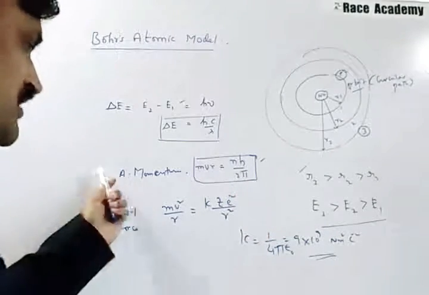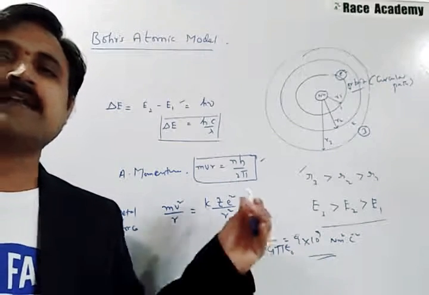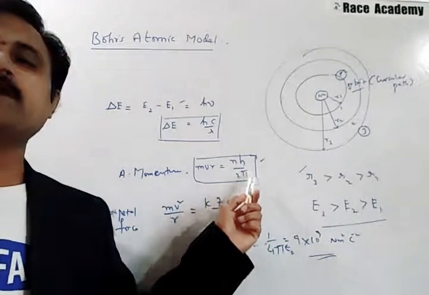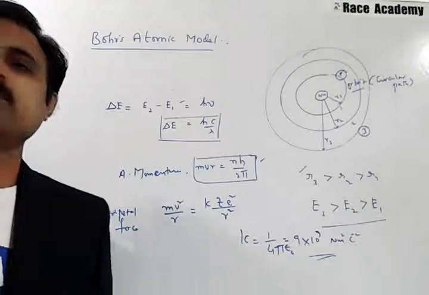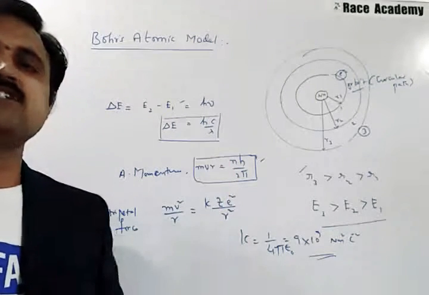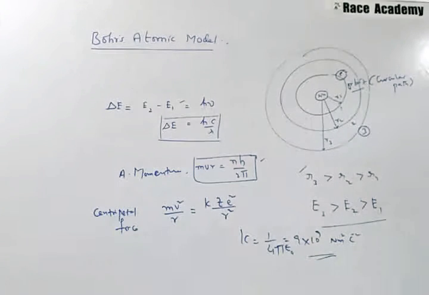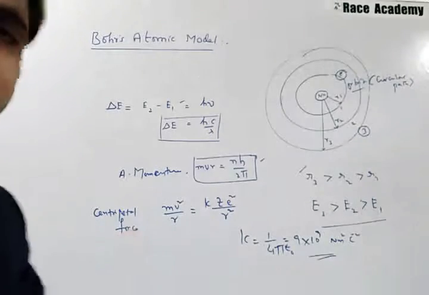Another important postulate is that the angular momentum associated with an orbit is an integral multiple of h by 2 pi, that is, mvr equals nh by 2 pi. And during the revolution of an electron in an orbit, the necessary centripetal force is provided by the electrostatic force of attraction between the electron and nucleus, because they are oppositely charged.